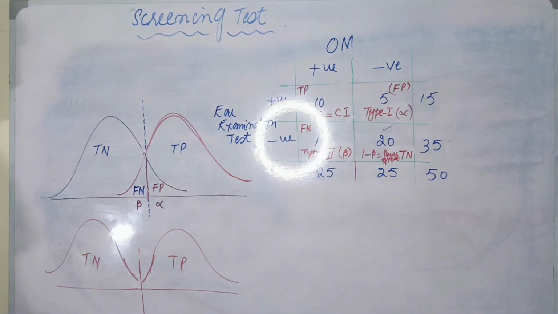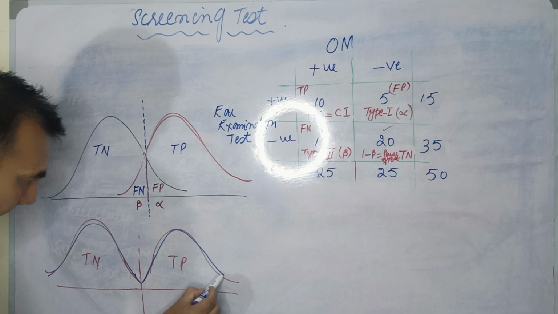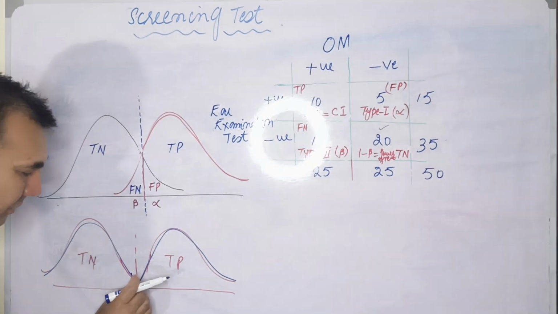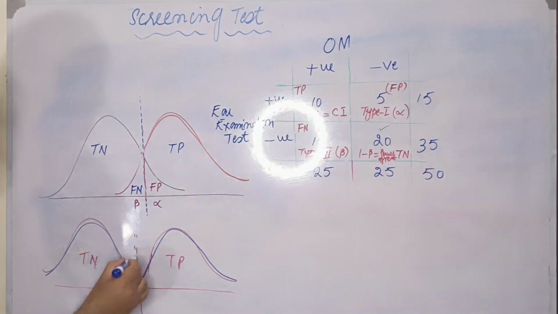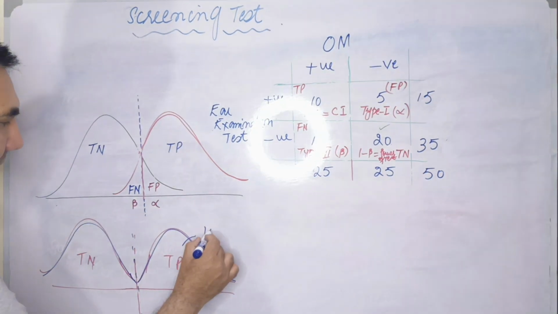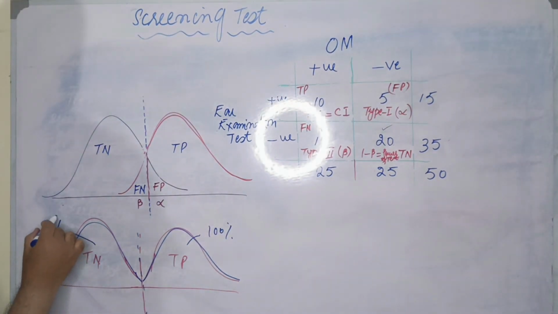Here, if I draw such a diagram where the false positive or false negative do not cross each other at the cutoff value, it means this is 100% sensitivity and this is 100% specificity.